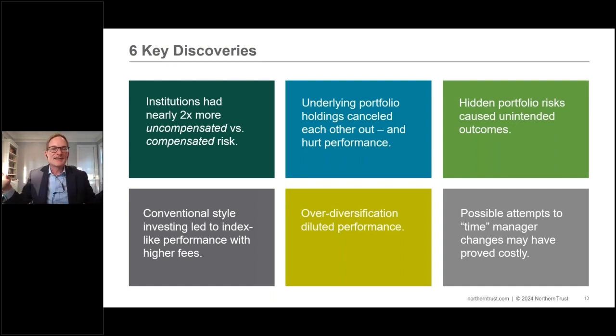Now, it's not necessarily that extreme in every portfolio, but we have many, many instances where we inadvertently diversify away the good things and keep a lot of the bad things. And on the upper right-hand side, hidden risks in the portfolio tend to be really the rule rather than the exception.